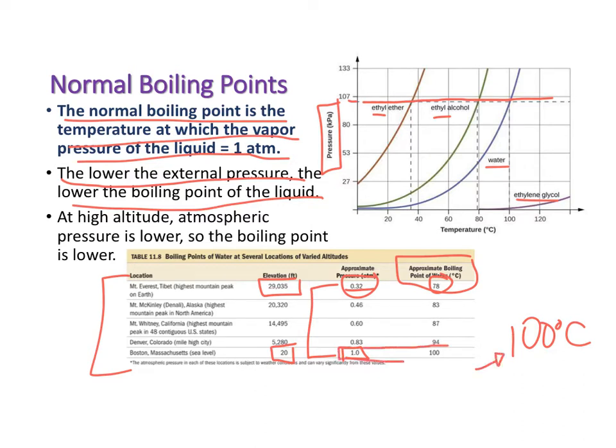So boiling point depends on the pressure of the atmosphere surrounding the liquid. At 1 atmosphere, in Boston, Massachusetts, at sea level, the boiling point of water is 100 degrees. But as you increase the elevation, so decrease the atmospheric pressure, you will see a lower boiling point.